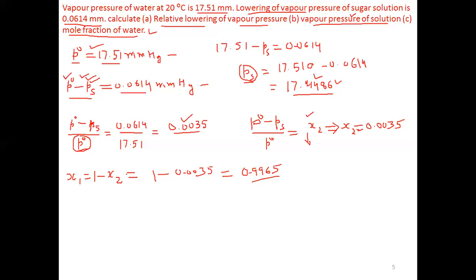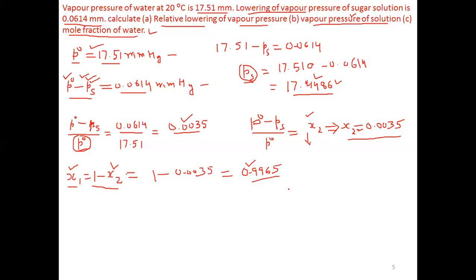I have given the link in the description of the video, and X2 came out to be 0.0035. Now we have to calculate X1, which is the mole fraction of solvent, which is water. It is equal to 1 minus mole fraction of solute, 1 minus X2. So the answer is 0.9965. So that was an easy numerical.